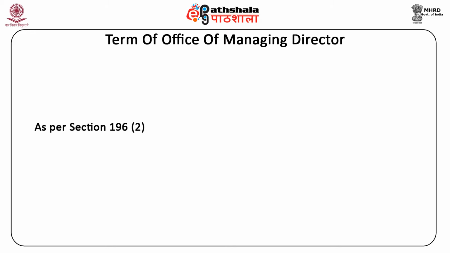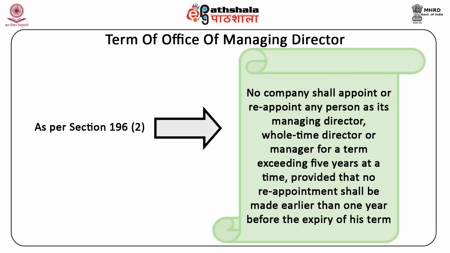As per section 196, subsection 2, no company shall appoint or reappoint any person as its managing director, whole-time director, or manager for a term exceeding 5 years at a time, provided that no reappointment shall be made earlier than 1 year before the expiry of his term.